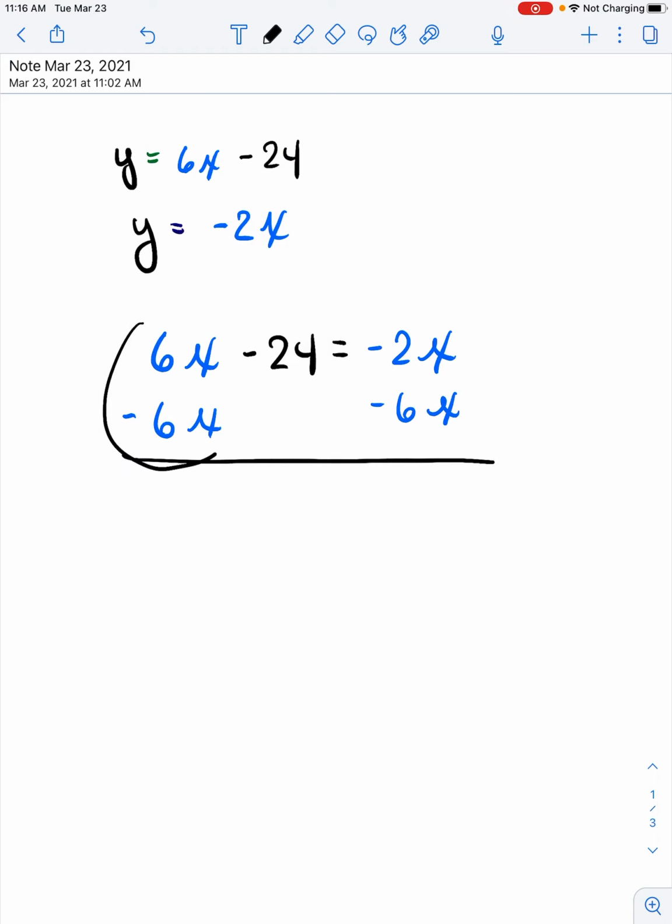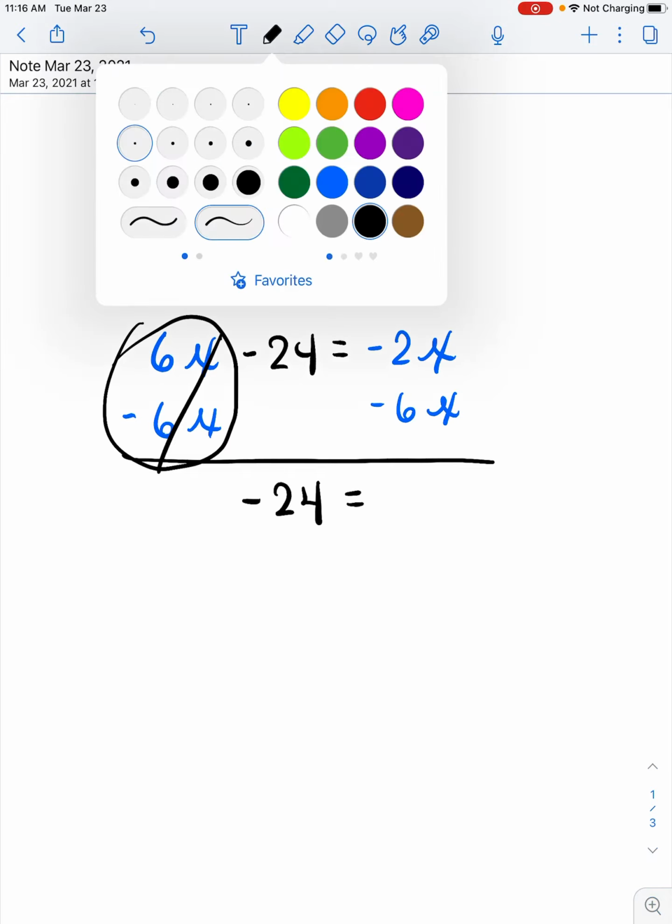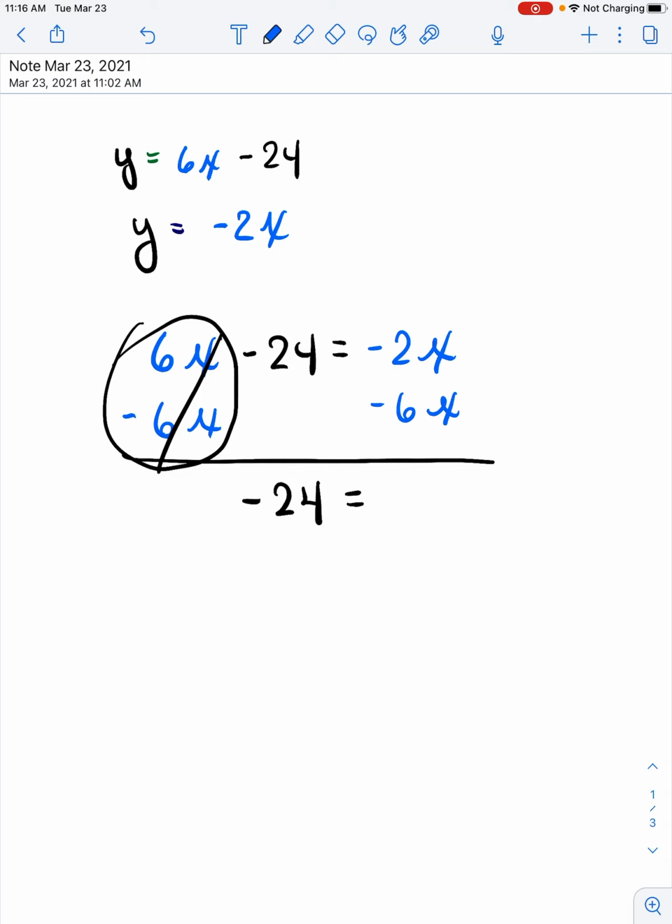So what happens? This cancels out and I get negative 24 is equal to negative 8x. Well, I only want one x and I want it to be positive, so I am going to divide both sides by negative 8.